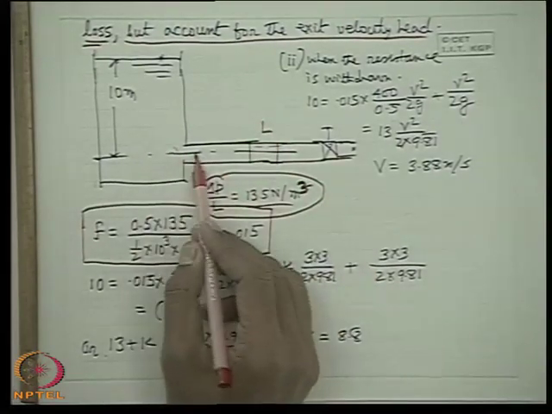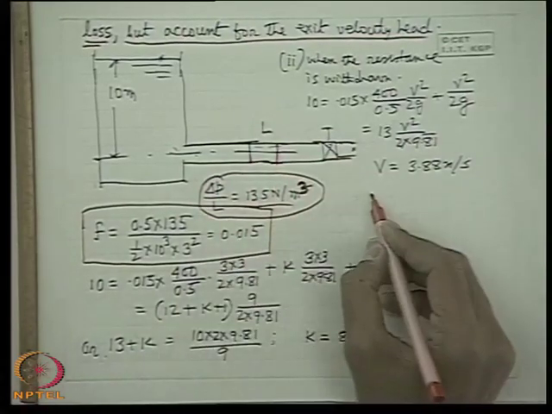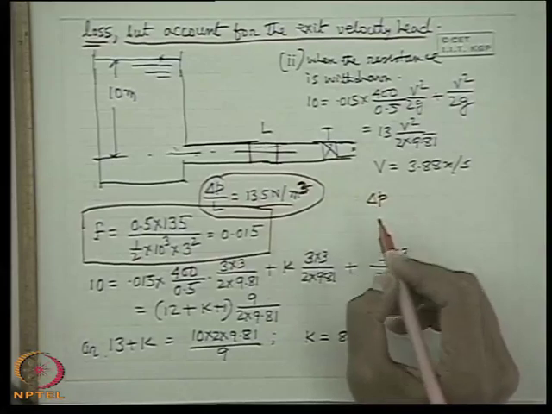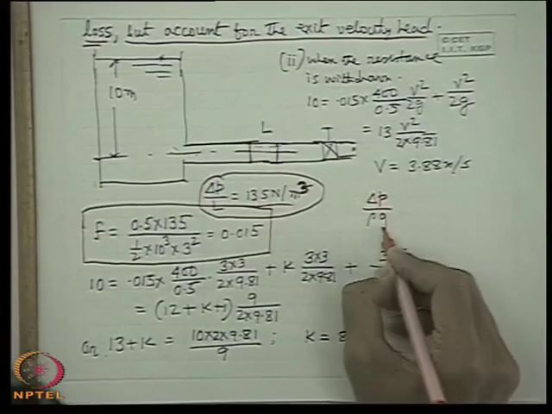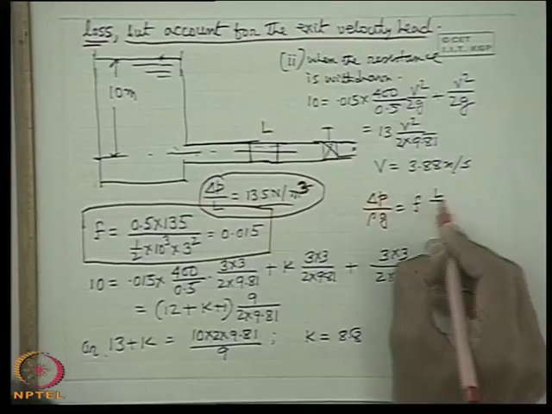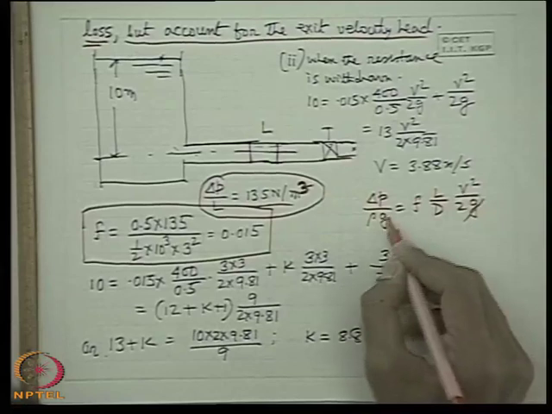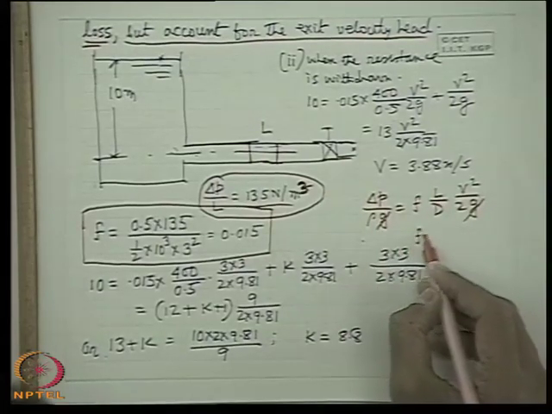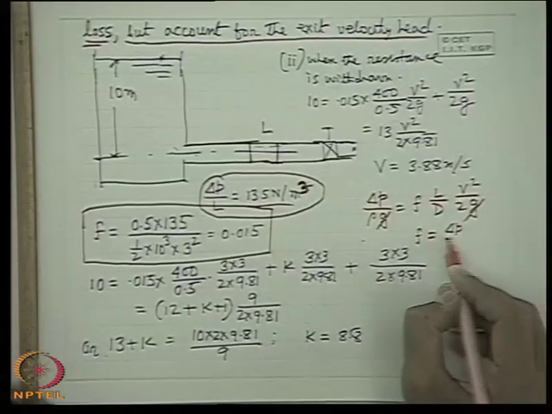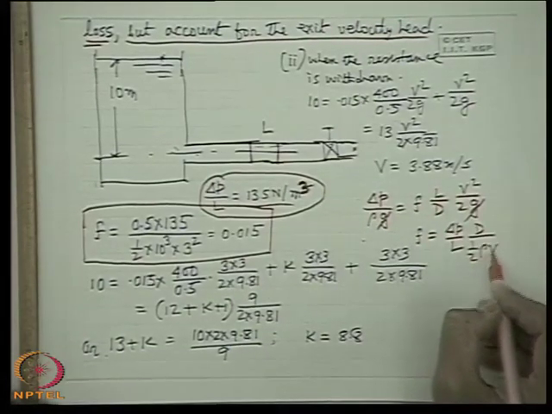Over any length L, the formula is delta P by rho G, or delta H, equals F L by D into V square by 2G. The G's you can cancel. So F is equal to delta P by L into D by half rho V square.